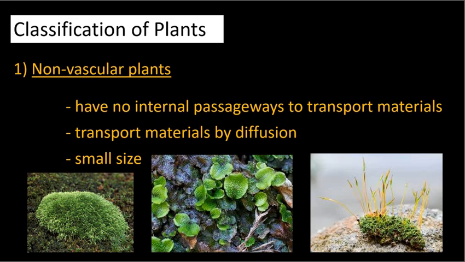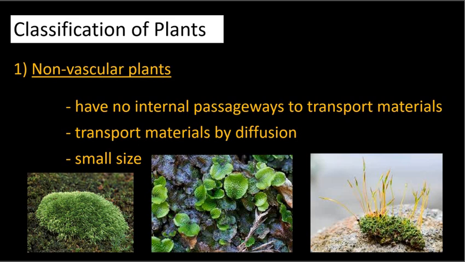Okay? The way they have to transport materials is only by diffusion, things soaking in over time. Now, because of that, they can't transport things very far or very fast. So all of the non-vascular plants you'll notice are going to be small. Things like moss, for example.